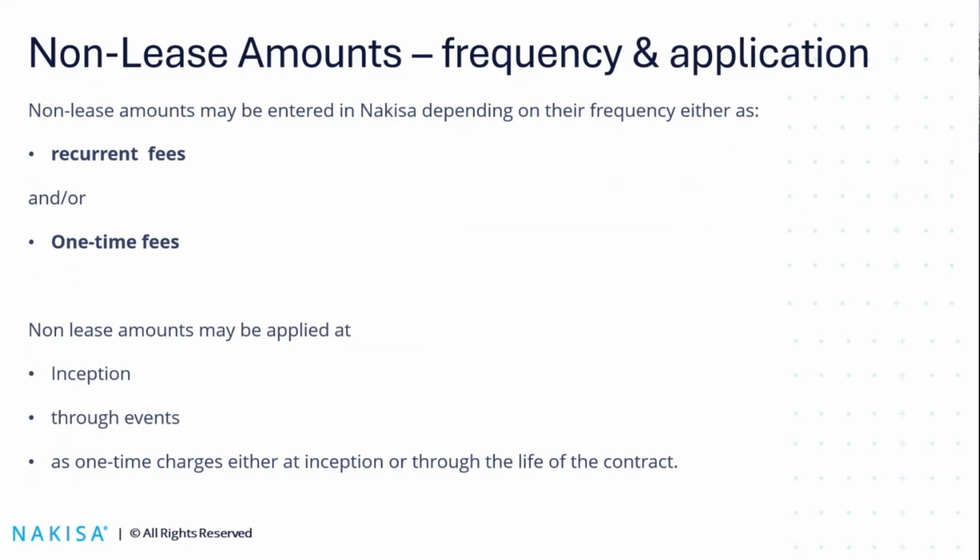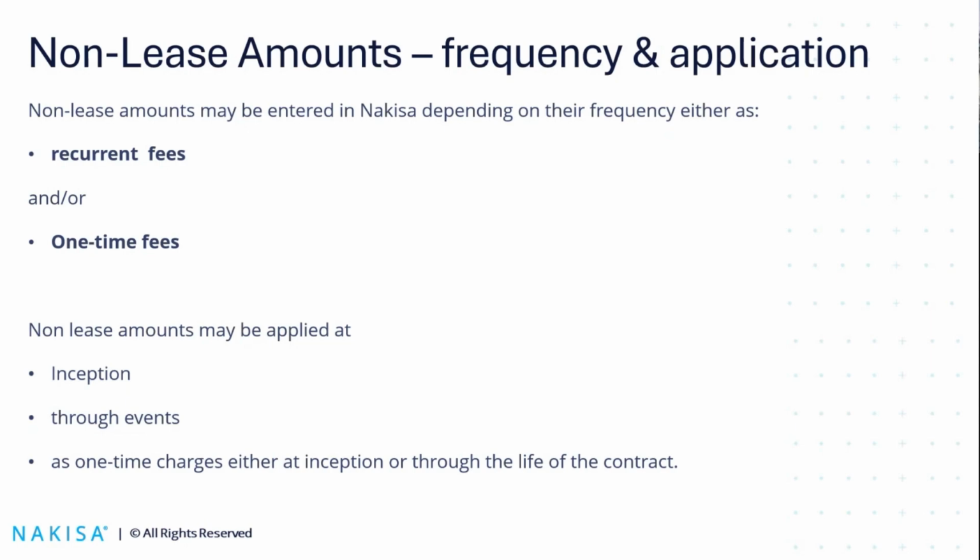Now, there are some things to be mentioned about the frequency in which you actually pay or apply these fees. You can have them at the same frequency as your lease payments. So let's say you have monthly lease payments, and maybe you also have utility monthly payments or insurance monthly payments. But at the same time, you can have such amounts and payments on a one-time basis or an ad hoc basis.